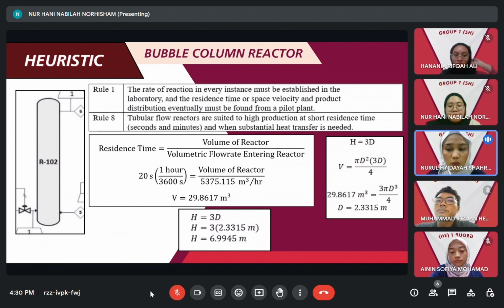The volume of the reactor we obtain is 29 meter cube, and the diameter is about 2.33 meter. The ratio of height is about 3 times the diameter, and then we found that the height is about 6 meter.